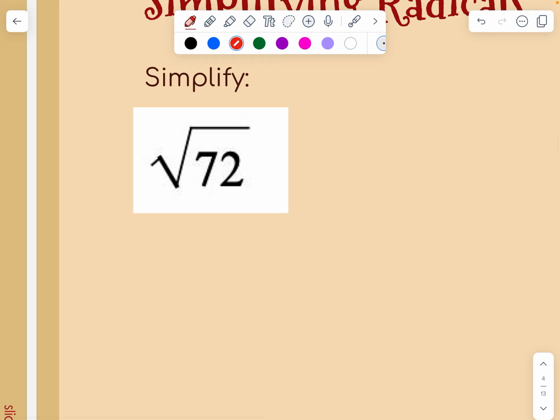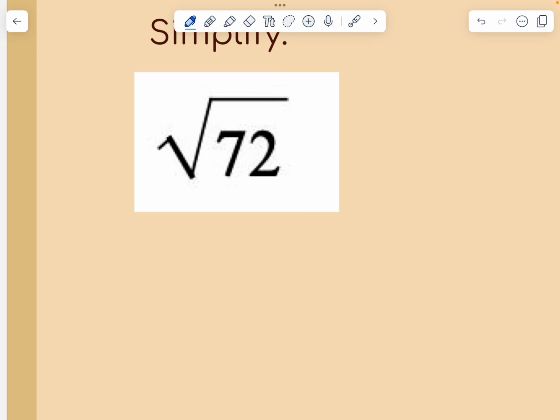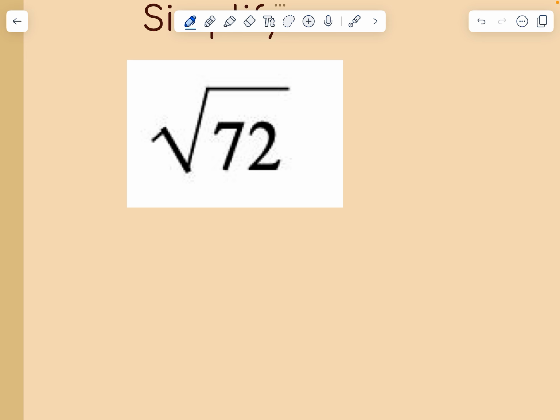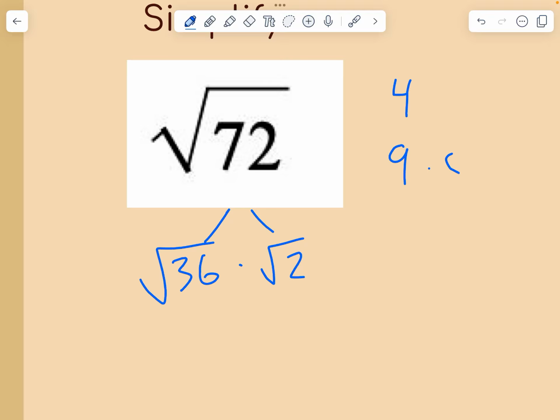So real quick, this example here, the square root of 72, okay? Here, you have a couple choices, but the best choice is the square root of 36 times 2. If you have multiple perfect squares that can go into a number, like for example, 4 can go into 72 and 9 can go into 72, it's 9 times 8.